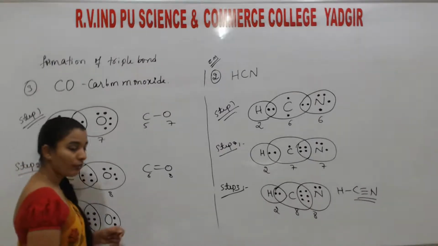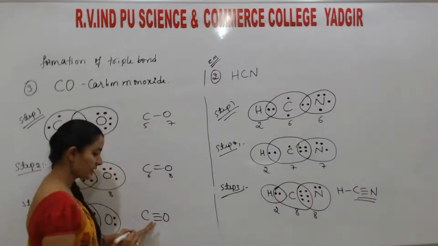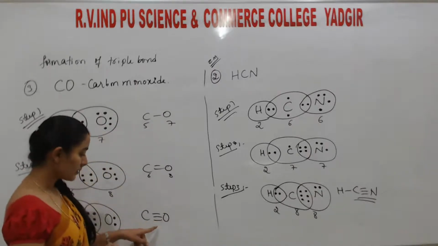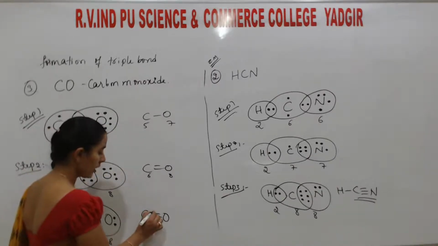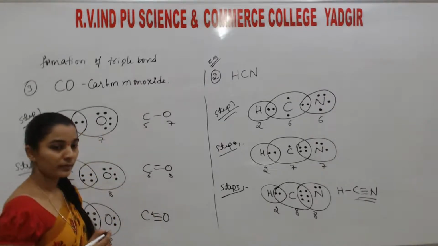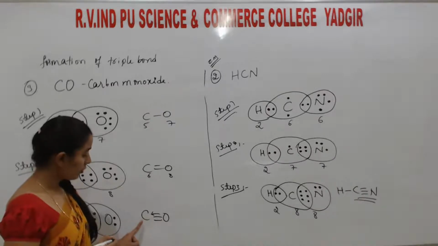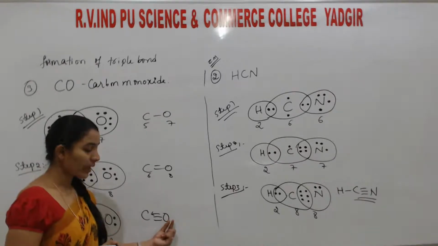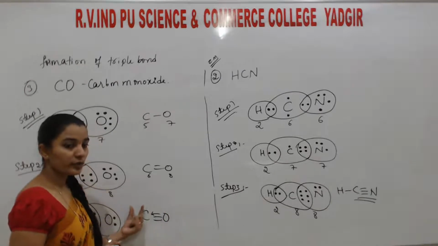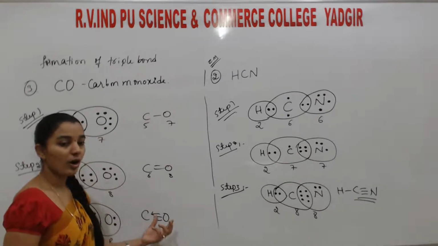But how do you represent it here? It is not C triple bond O. This is wrong. This is how to write it: 1, 2, and the third one is the coordinate bond. Towards what? Towards carbon, because the electron is transferred towards this carbon and shared between carbon and oxygen.